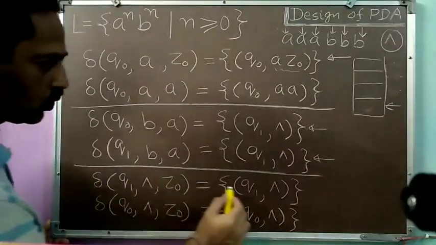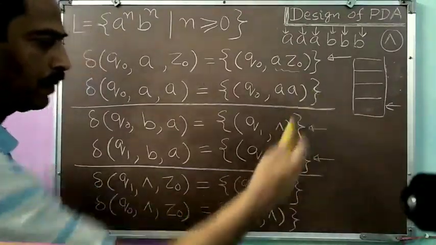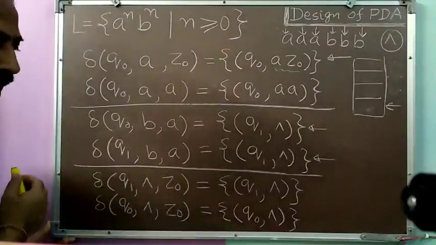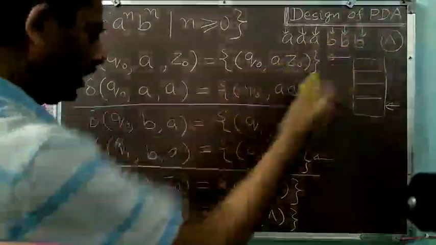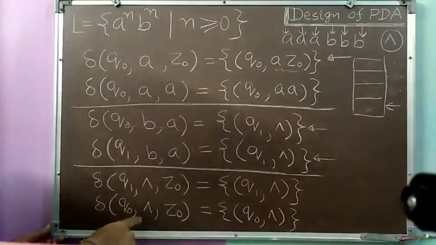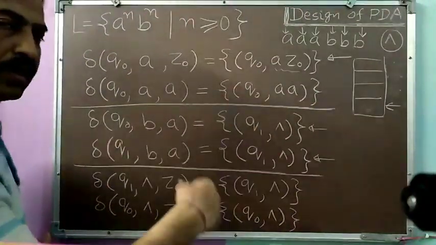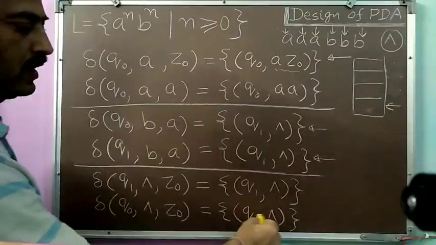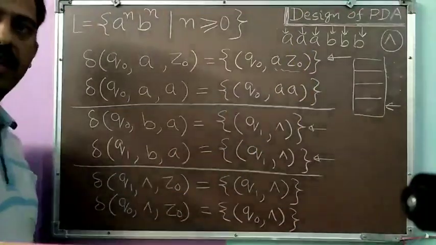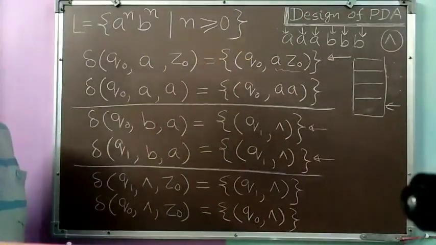I will reach this situation, and by removing this z0, I will empty my store and get it accepted. If it is null, then I need not go to the state q1. Simply in the state q0, I can directly make a move in which I remove the z0 and get my string accepted. So for n equal to 0, this change is required.